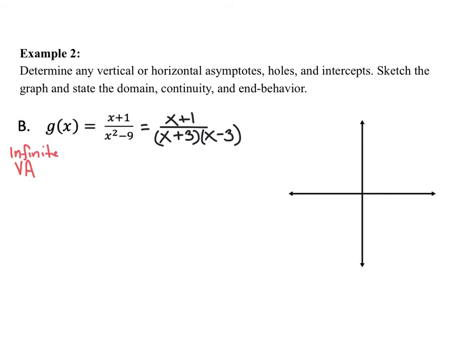So I'm going to state that right away, infinite discontinuity at our vertical asymptotes, which would be x equals -3 from the first and x equals +3. So immediately I'm going to go over to my graph and sketch my vertical asymptotes.